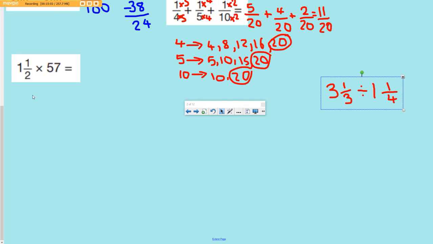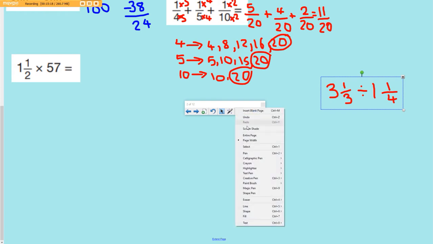Now the first bit we've got here is we're going to change this to an improper fraction, so it's easier to do when we've got mixed numbers. A mixed number is when we've got a whole number and a fraction. So let me show you how we do this.